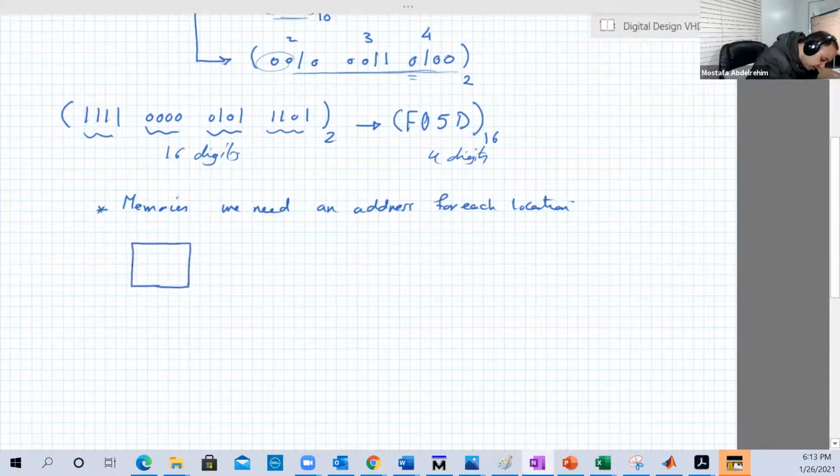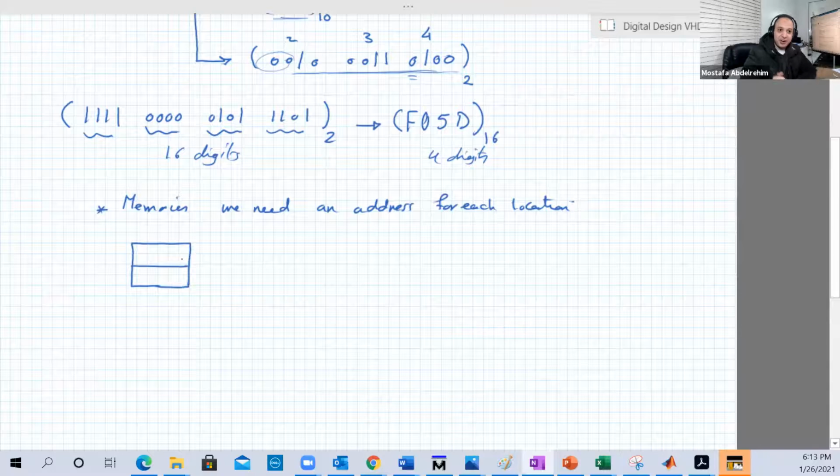A memory in some dumb computer that has only two locations. So we need an address for each location, a unique name, let's say so. So we just need one bit. So this address here is 0 and the address here is 1.